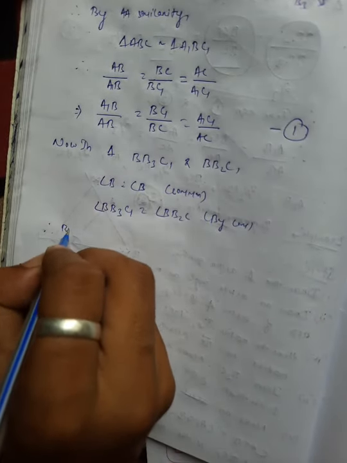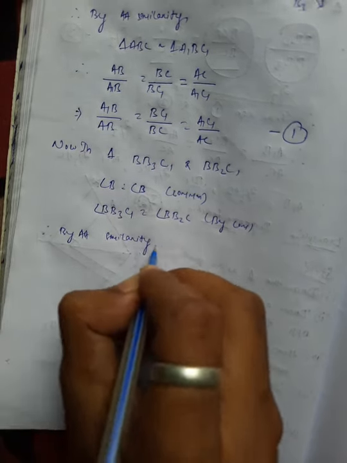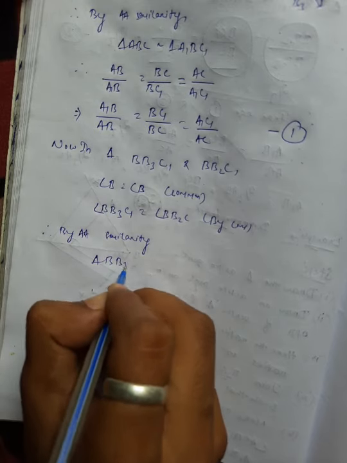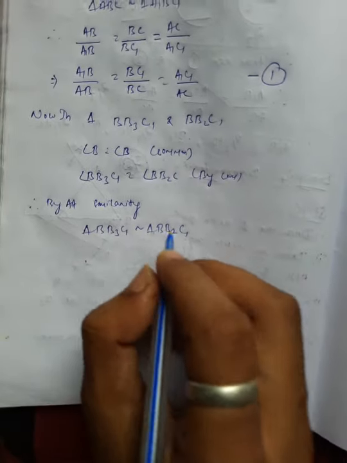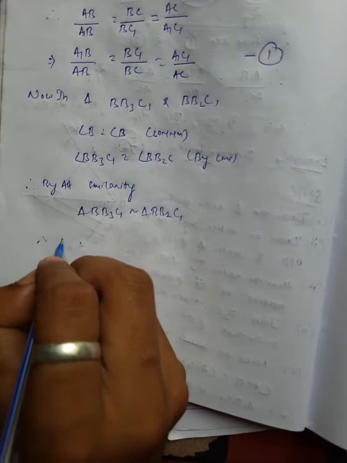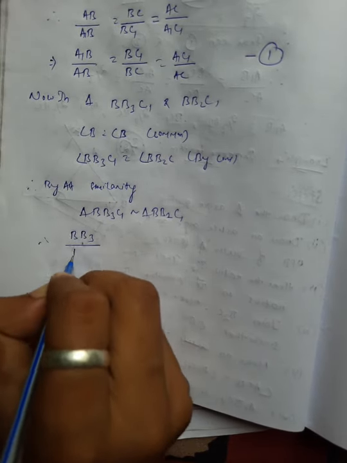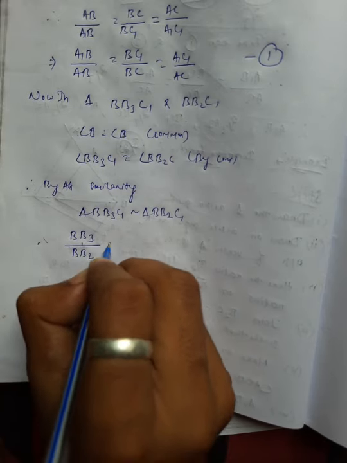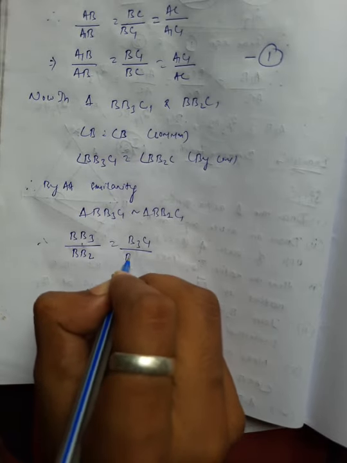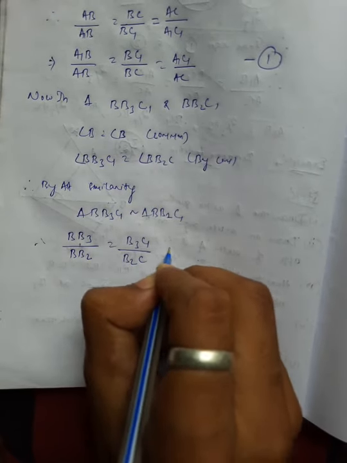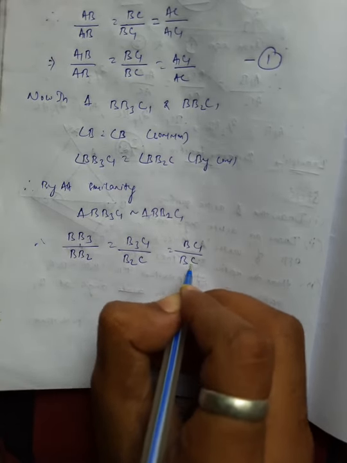Similarly, therefore by AA similarity these two triangles are similar. Now we have to write down the ratio. Therefore BB3 by BB2 equals B3C1 by B2C equals BC1 by BC.